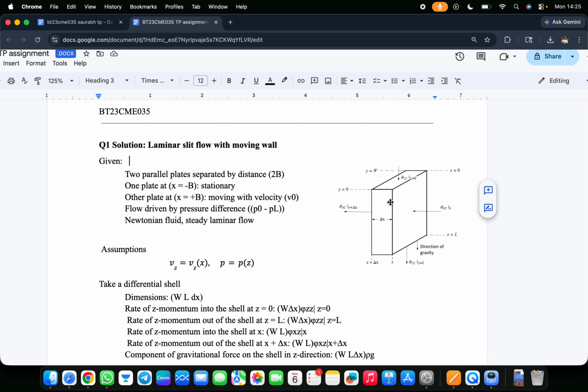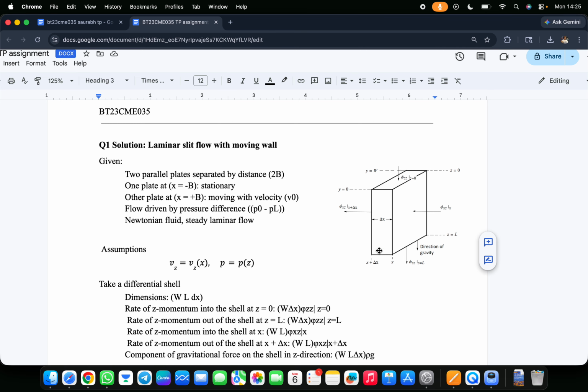Now the velocity is only changing in x direction. So here we can see that velocity is only in z direction, and the pressure is also only changing in z direction.